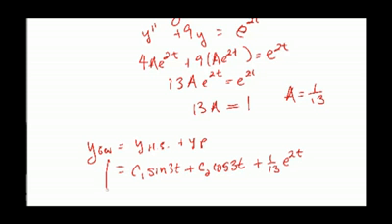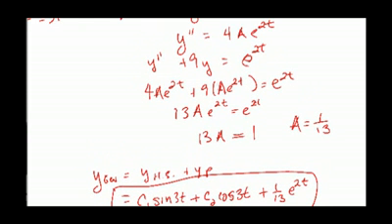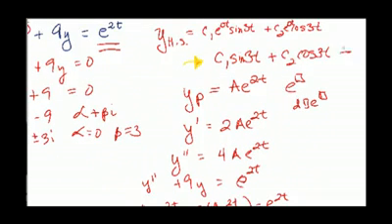And again, you could have some initial conditions, and prior to plugging in, you could have solved for c1 and c2 way up here, but I didn't give you any in this example.